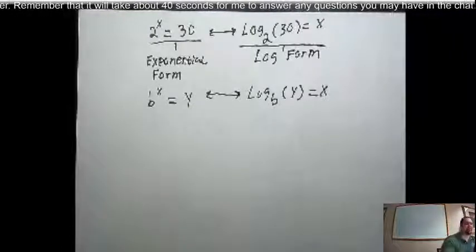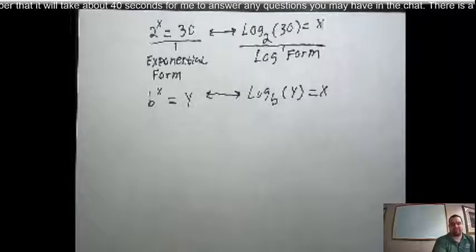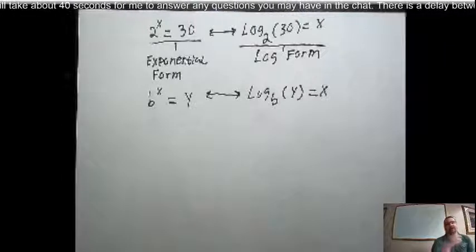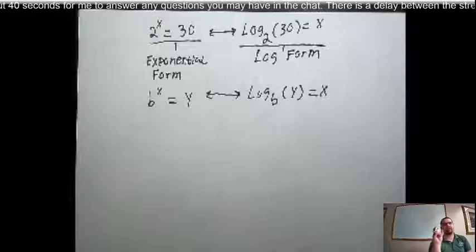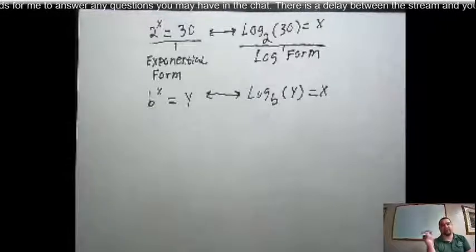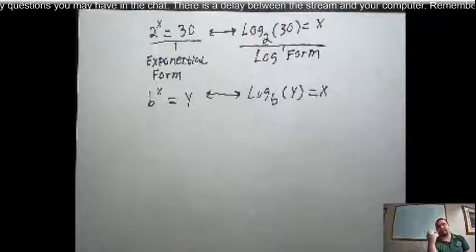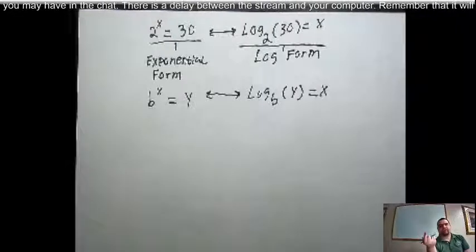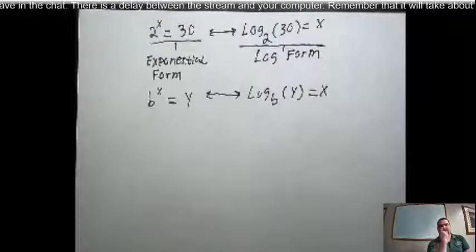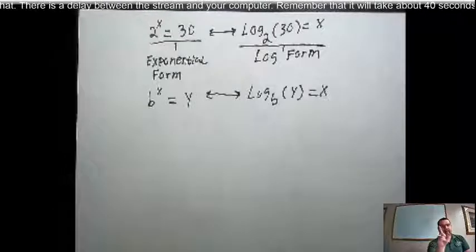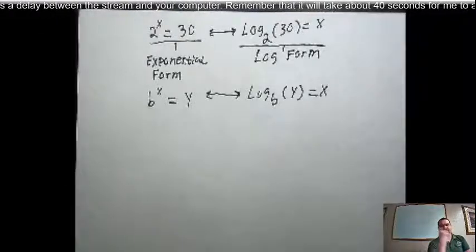Like I said with the previous lecture, these properties of logs come from our power rules. So remember that we have rules for when we're dealing with exponents. For instance, if I have x squared times x to the third, what we would do there is add the exponents.